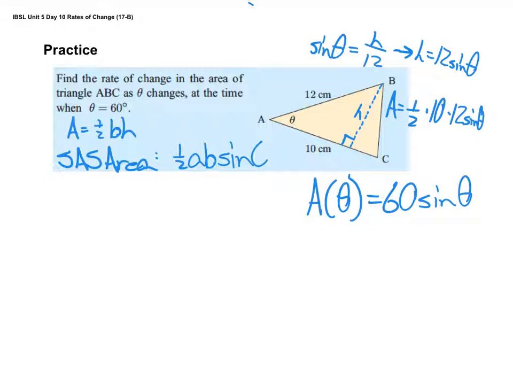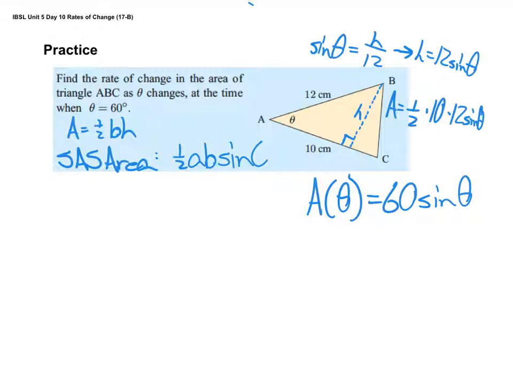With sides of 10 and 12, the area of the triangle I can form is going to change depending on what I make that angle. So if I have a 30-degree angle, my area is going to be 60 times a half, so 30 square units. They tell us 60 degrees. So what is the area when the angle is 60 degrees?